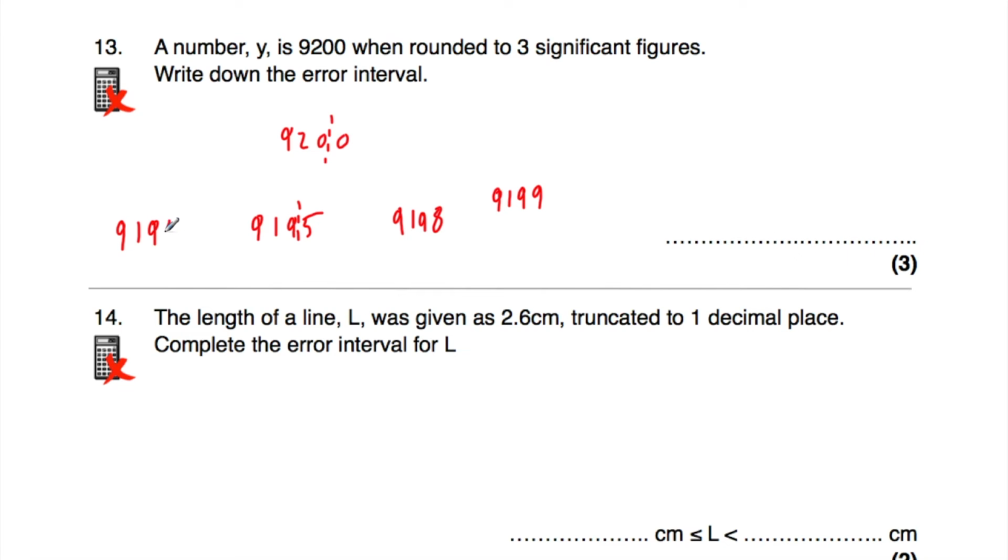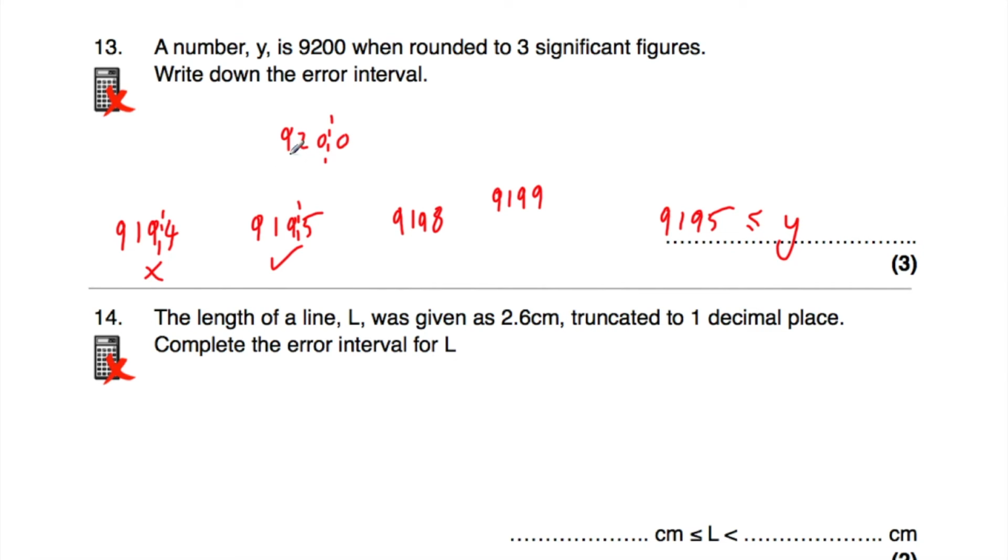And just to show you, it couldn't be 9,194, because if we look at the 4th significant figure, that's a 4, so that means that we won't round up the 3rd significant figure, so this rounded to 3 significant figures would be 9,190. So it couldn't be this, but it could be this, and this would be the lower bound. So the lower bound would be 9,195, and that's going to be less than or equal to y.